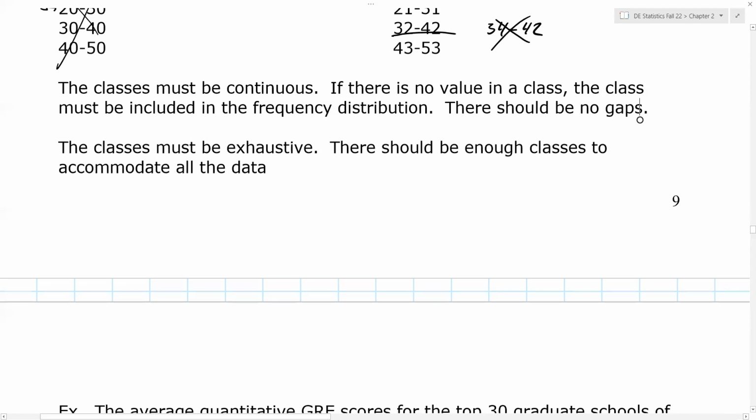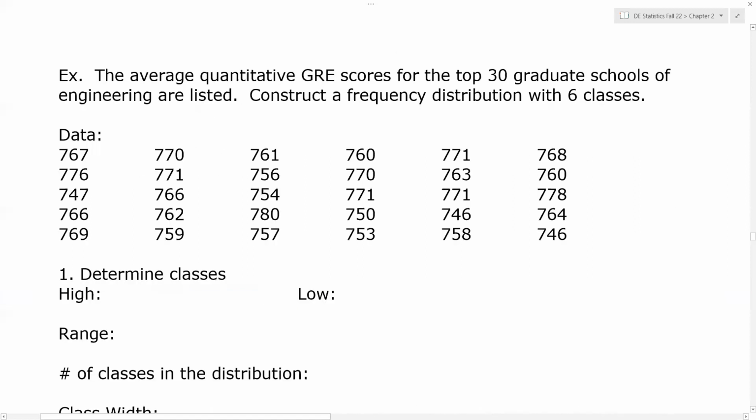All right. Now we're going to go through and do this whole process. We have a data set. Our data set is the average quantitative GRE score for the top 30 graduate schools of engineering. GRE is the Graduate Record Examination. It's essentially the ACT or SAT of getting into grad school.